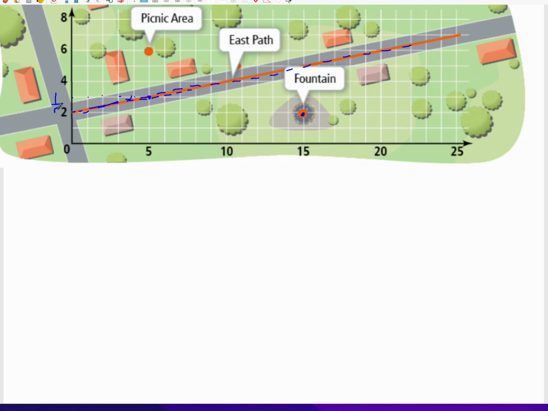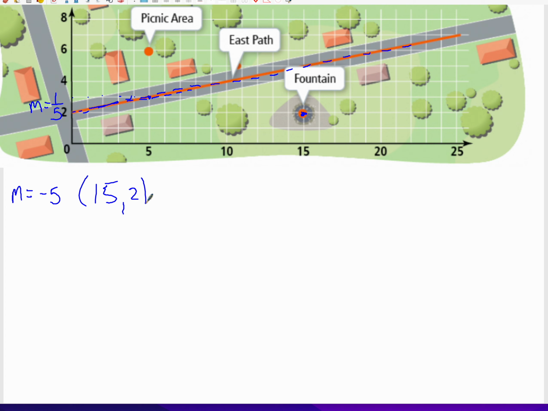So what's my opposite reciprocal slope? -5. So I'm gonna write using slope of -5, and what ordered pair am I gonna use? 15, comma 2. Okay, 15, comma 2 is my ordered pair.